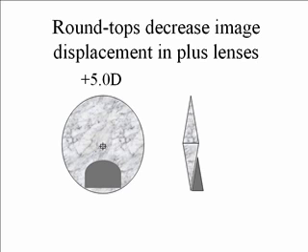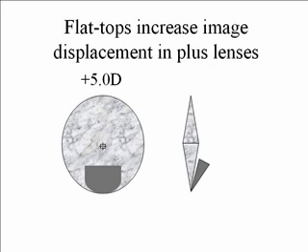Of course, we know this is true for all round top bifocal segments, regardless of the distance lens to which they are stuck. And he says, I really want a lot less image jump, a lot less discontinuity. So we try to be smart, and we prescribe a flat top bifocal for him, because that creates less image jump. But what have we done in terms of prisms?